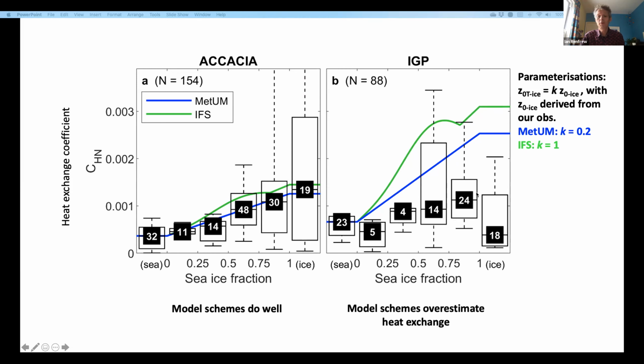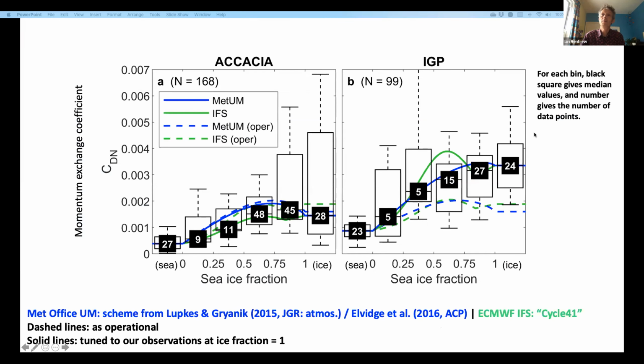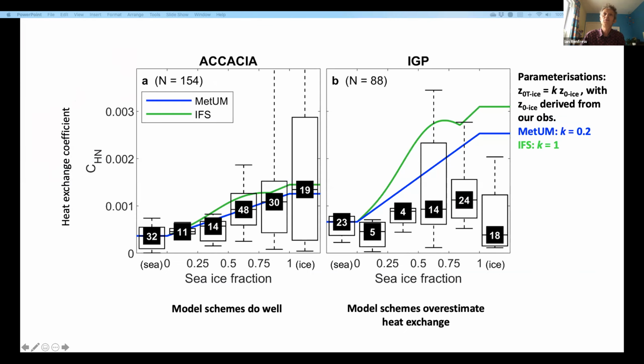And that's basically because of this previous diagram here. The actual exchange coefficient for drag is much higher for that field campaign, and that leads to the model having too much heat exchange. So model schemes overestimate this heat exchange.